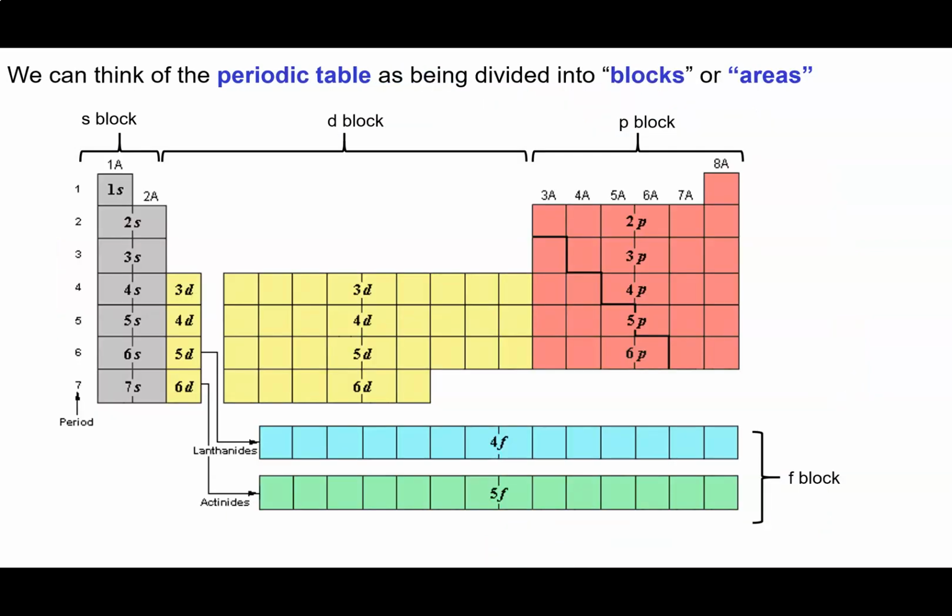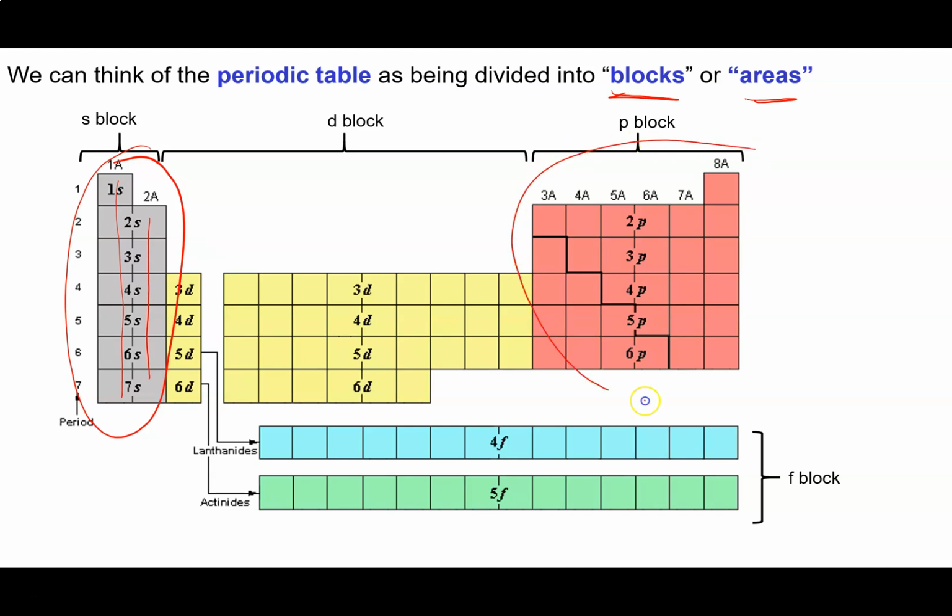And so the periodic table is often thought of as being able to be divided into what we call blocks or areas. So in these first 2 columns on the far left, we're putting electrons into s subshells, and so this is referred to as the s block. Any element that's in the first row there has an electron configuration that ends s1. Any element in the second row there has an electron configuration that ends s2.